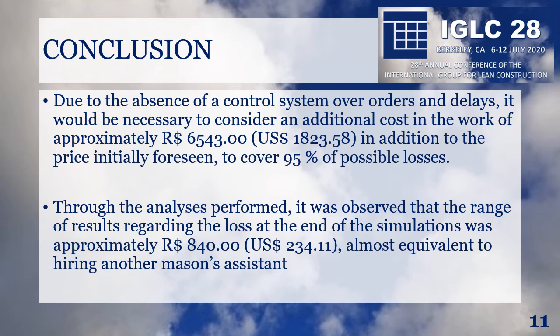Through the analysis performed, it was observed that the range of results regarding the loss at the end of the simulations was approximately $840 or $234, almost equivalent to hiring another mason's assistant.